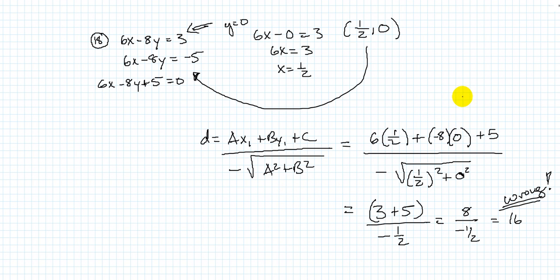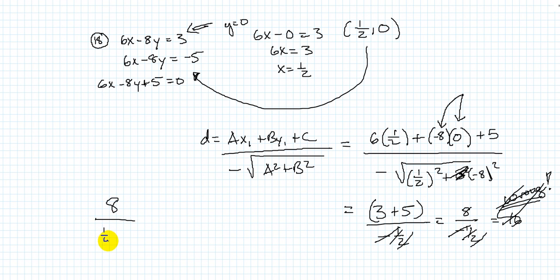Did you see what I did? If you look right here, when I chose my b on the bottom, I chose 0 when it's actually negative 8. So my mistake was right here. This should have been negative 8 squared. So I'm going to erase this part. On top I would have 8, and then 1/4 plus 64, all under a square root.